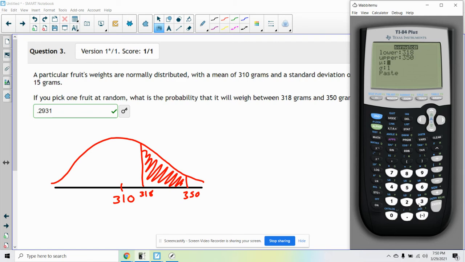My mu is 310. And my sigma is 15. And you'll see that when you do that, you get the same thing you got, 0.2931, rounded to 4 decimal places. Okay? Much easier. But I don't require everyone to buy the same calculator, so it's beneficial if you have it. If not, you have to use a Z table.